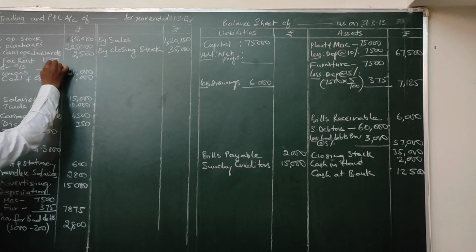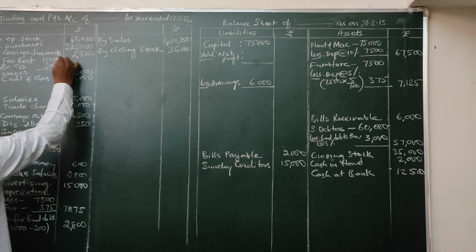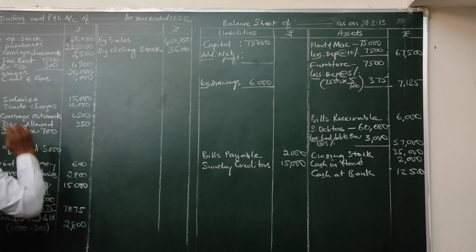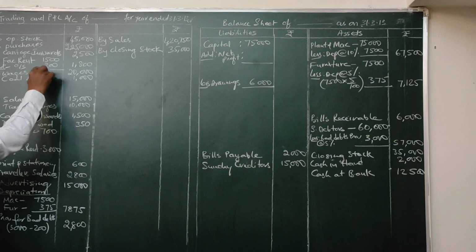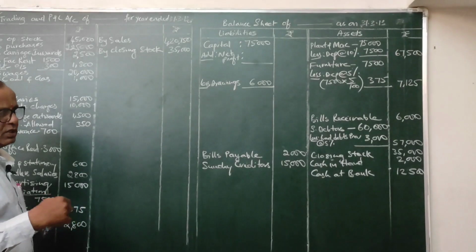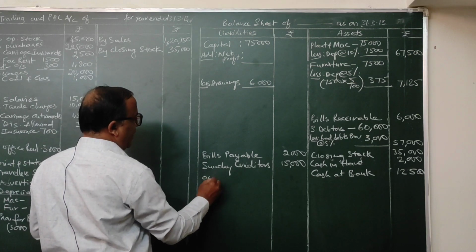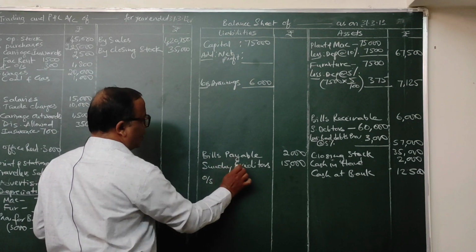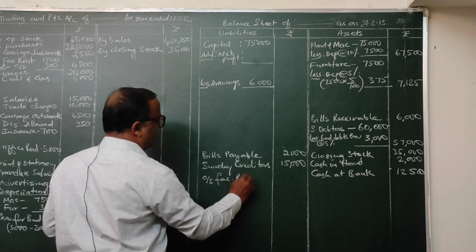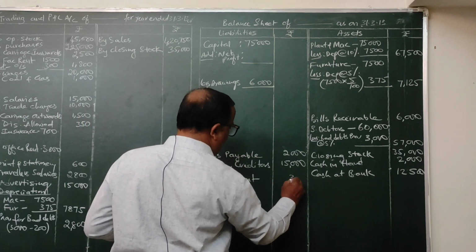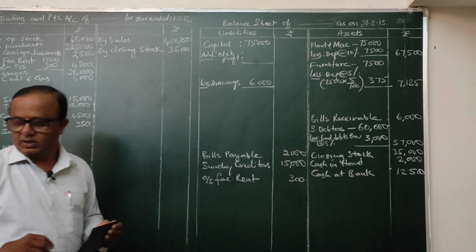How much is it? 1,800. This 300 outstanding rent is an expense payable, a current liability. So 300 you write here on the liability side.